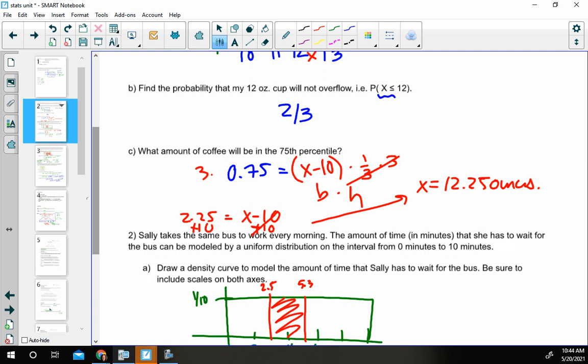So go through 2, 3, and 4. And then when we get back, we'll do our normal distribution. So at 11 o'clock, I will start going through the rest of them.